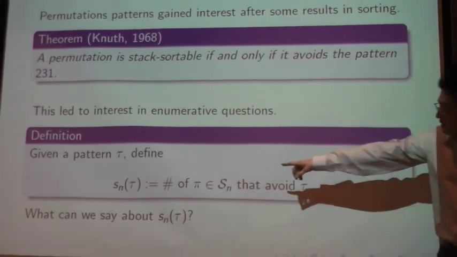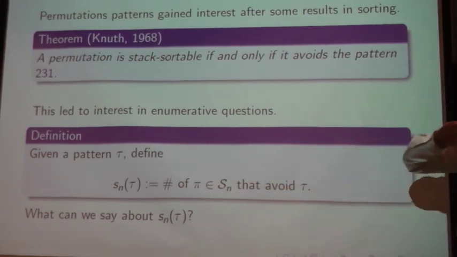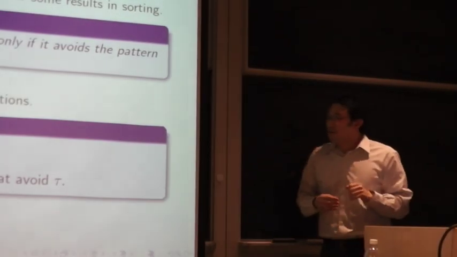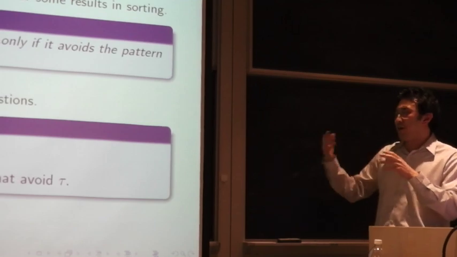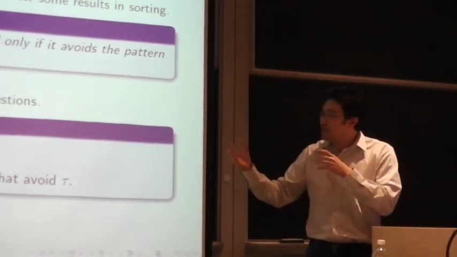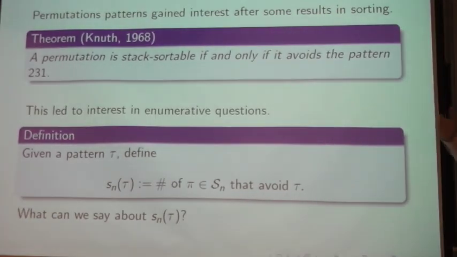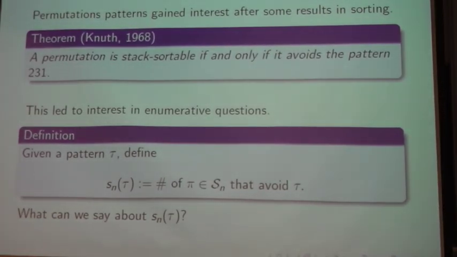So Sn(tau) denotes how many permutations out of Sn avoid tau. And then it's natural to ask, what can you say about this? You imagine tau, this pattern, to be a fixed property in a sense, and then you have a sequence in n that you care about.